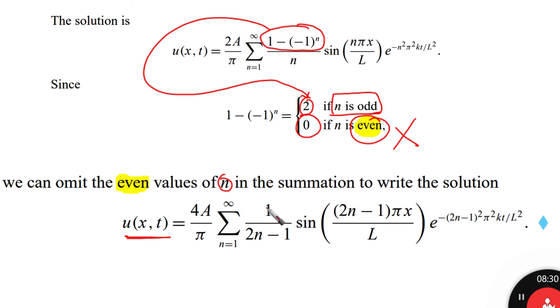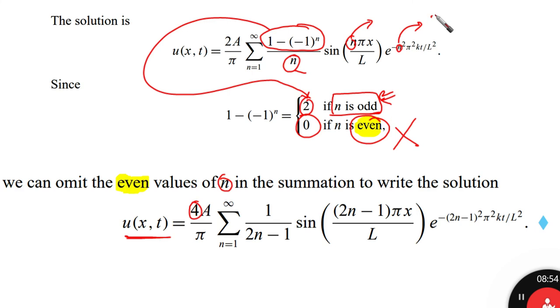So it is going to be 2 here times 2 outside, which gives us 4, so it's going to be 4a over pi. And then this n is going to be what exactly? Yes, something that represents the odd values.